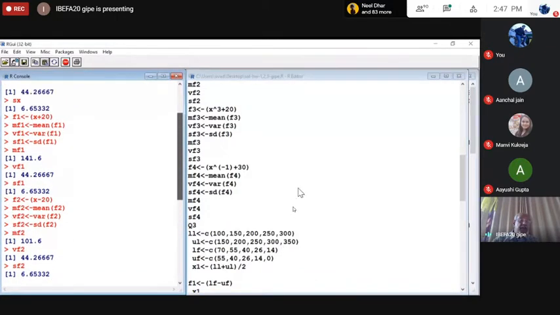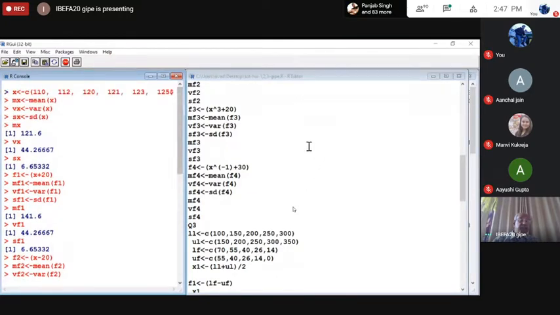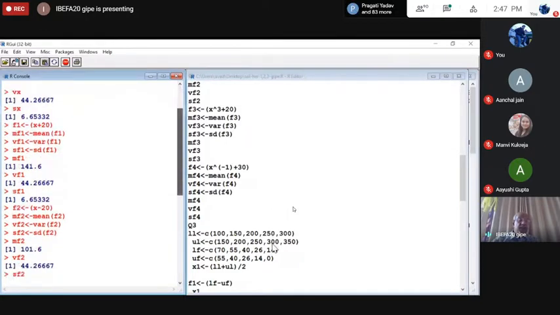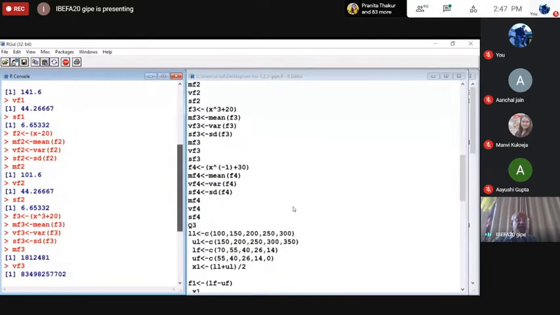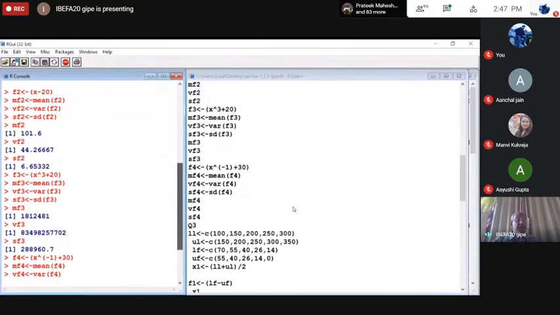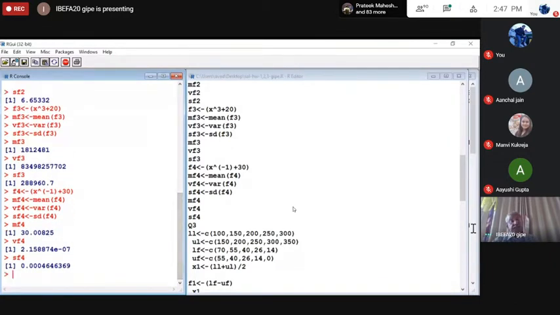Original mean, variance, standard deviation, then function 1, then function 2, then function 3, then function 4. It is not new.